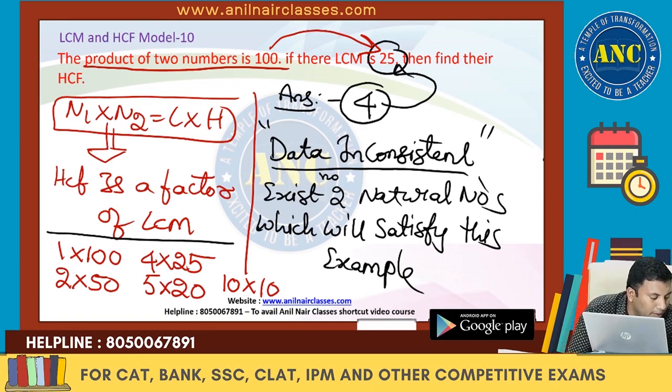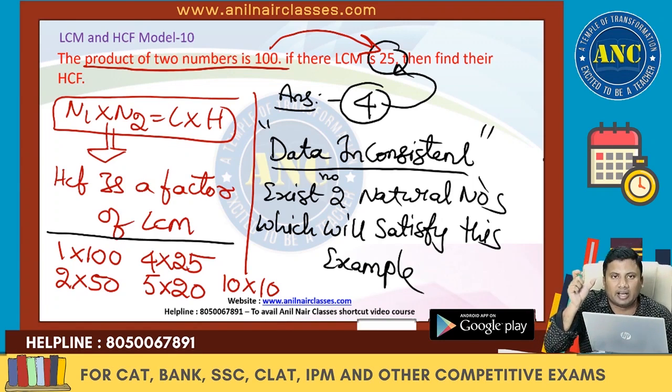What you know as the concept, that the product of two natural numbers is LCM into HCF, is not a complete concept. The complete concept is that, to satisfy it, the HCF should be a factor of the LCM.